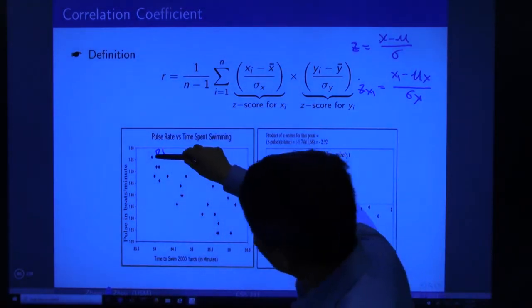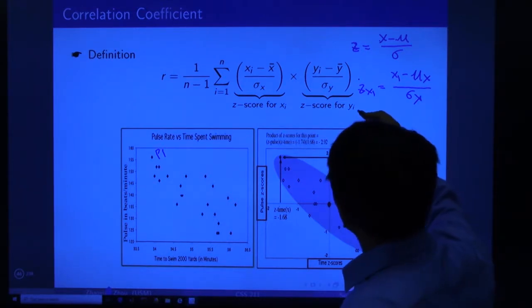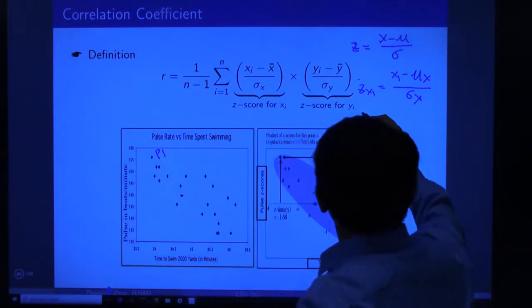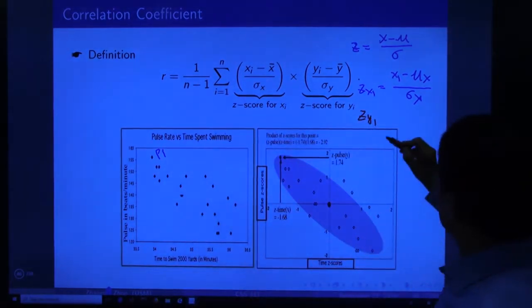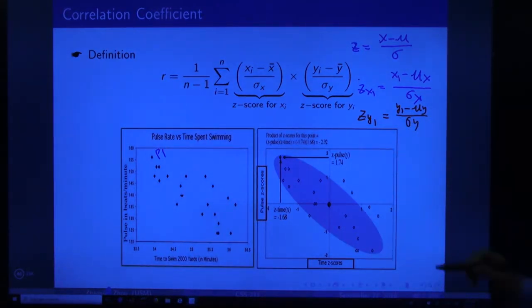Similarly, for the y value of point 1, we can also calculate zy1, the z-score for the first point, as y1 minus mu y divided by sigma y. So this is for the first point.